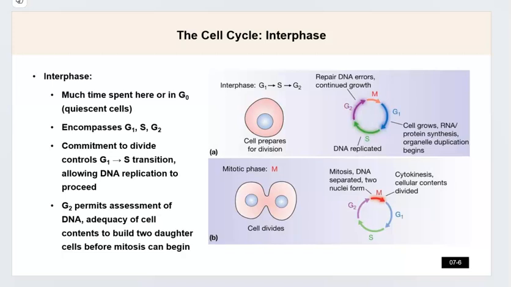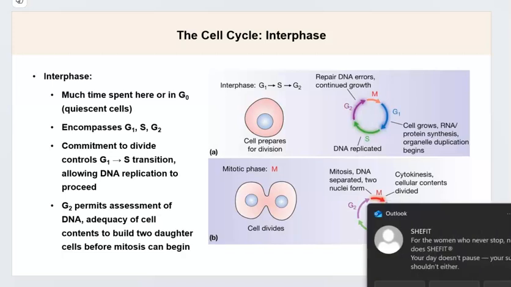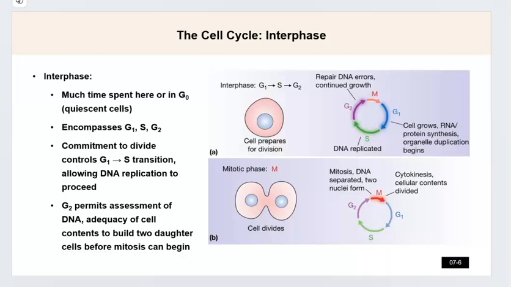The S phase is called the synthesis phase because it primarily involves DNA synthesis within the nucleus of the cells. So during S phase, all 46 chromosomes are replicated, with each new copy remaining linked to the original by cohesive proteins.